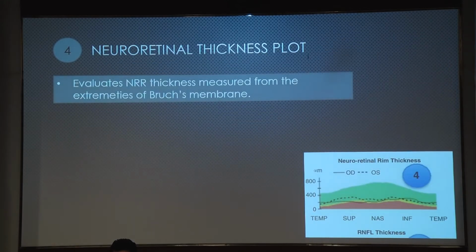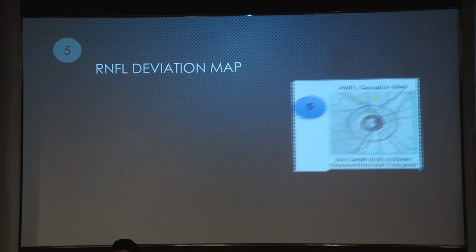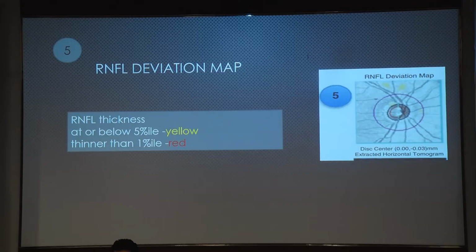The neuroretinal thickness plot evaluates the neuroretinal thickness, which is measured from the extremities of the Bruch's membrane, and it helps to look for an extensive notch. The RNFL deviation map has no color overlay for the normal thickness, but when the thickness goes below 5 percentile, it shows up as a yellow patch, and anything lesser than 1 percentile is shown in red.